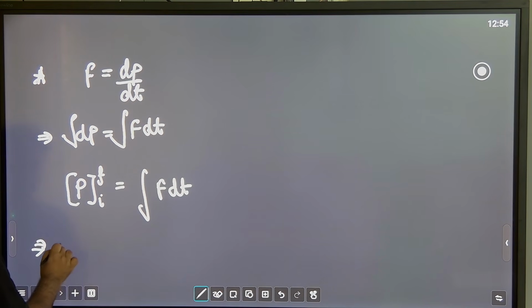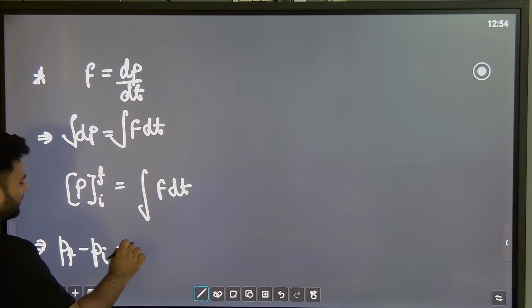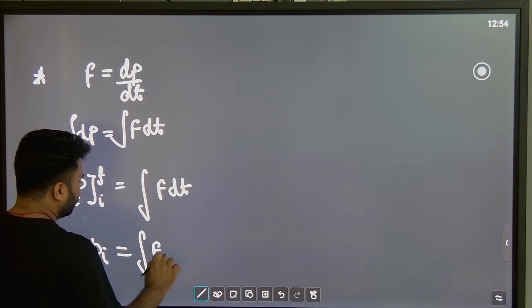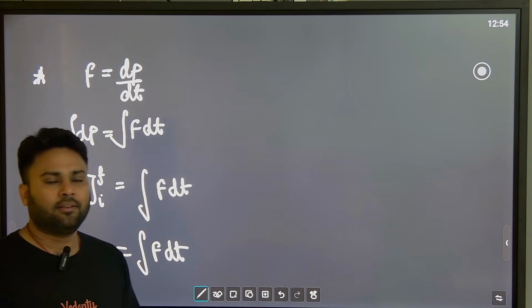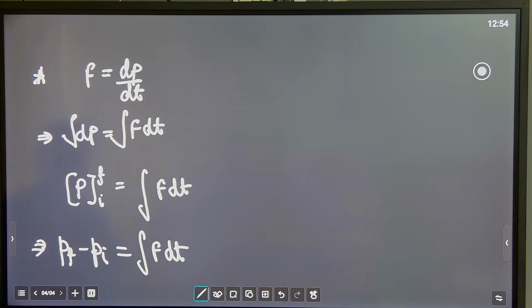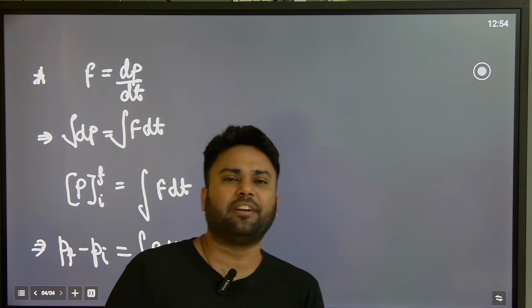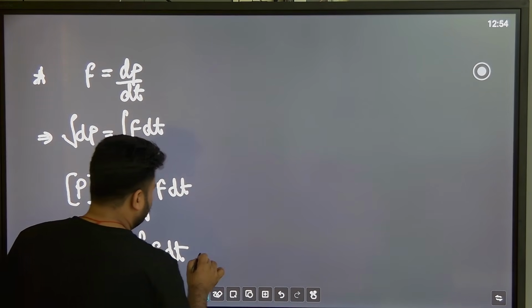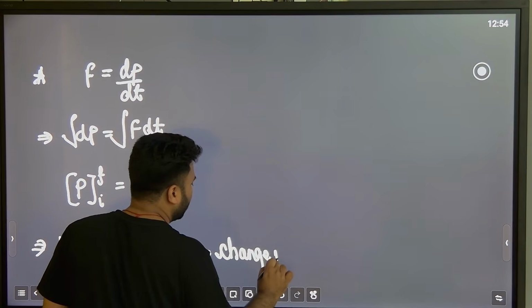So final momentum minus initial momentum, upper limit minus lower limit, equals integration of f dt. They can form questions from here. And pf minus pi, final momentum minus initial momentum, is called change in momentum.